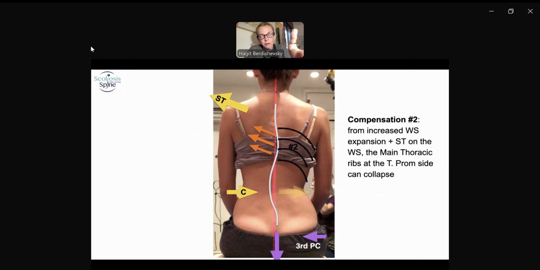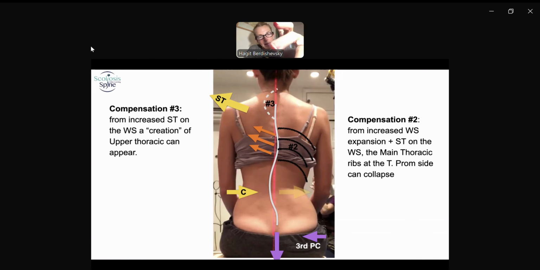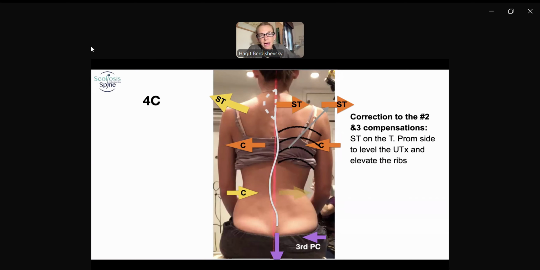I'm using this shoulder traction on the weak side, and I see the ribs falling, and I see some creation of upper thoracic, and I need to say, hey, don't over traction to the left side. Now I need to introduce this shoulder traction to the right. Let's level the upper thoracic, and let's maintain the main thoracic level, ribs.